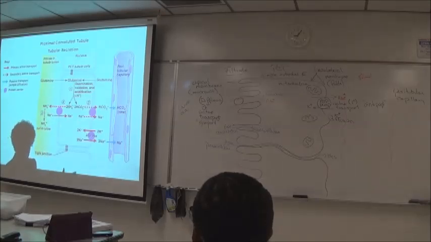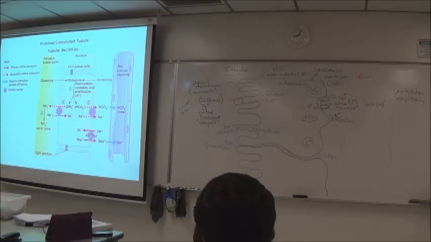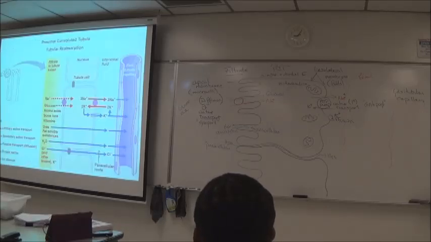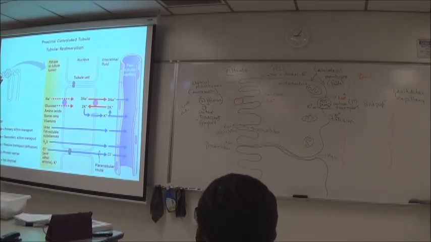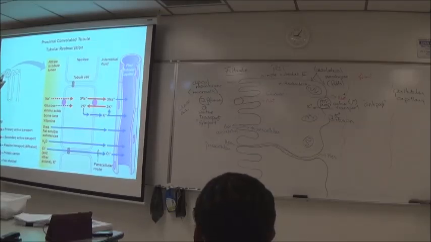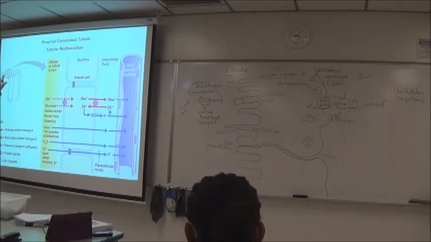Does that make sense? So it comes into the glomerulus. Let's go back again to this image. We'll use this one. So it comes into the glomerulus. Let's say it has 100 molecules of amino acids. Some of those are going to get filtered.